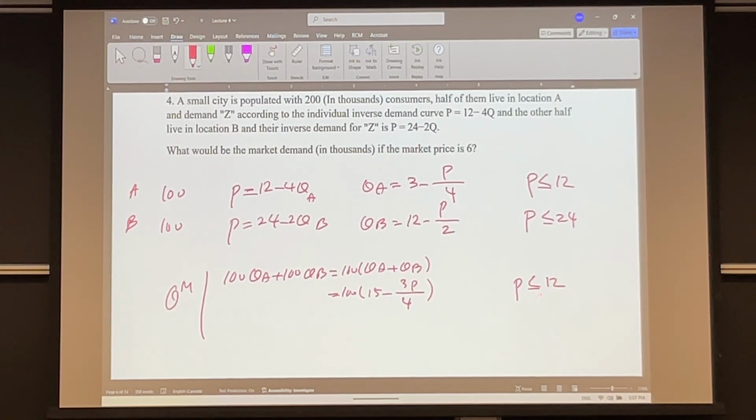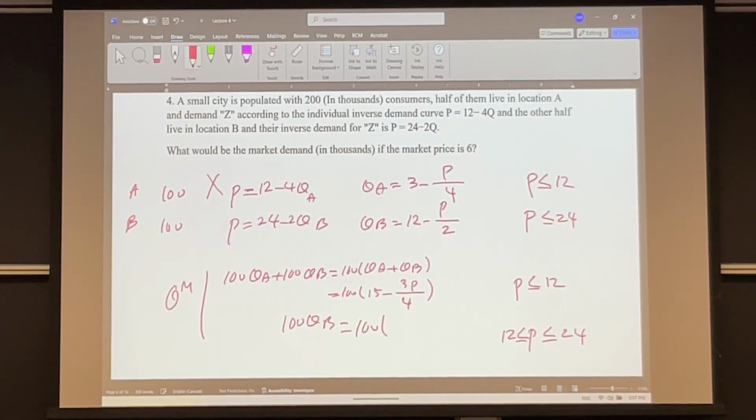If all are in the market, that's the demand. Alright? When the price goes up, still lower than 24 though, who leaves the market? These are out. The second one's still in. They are the market then.